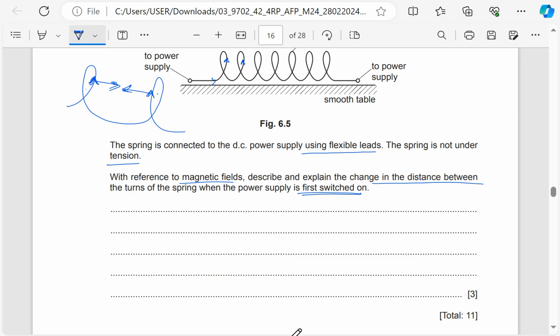So I'll simply say the current in the spring creates a magnetic field around the spring.